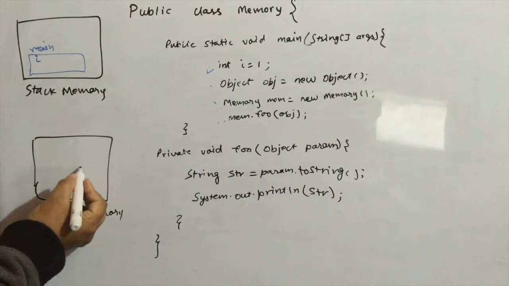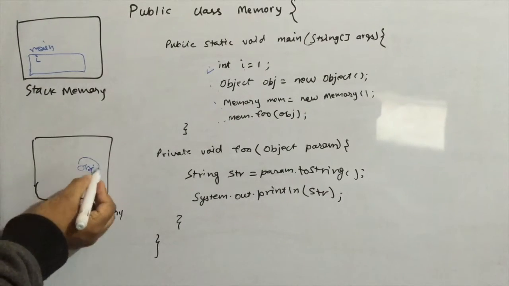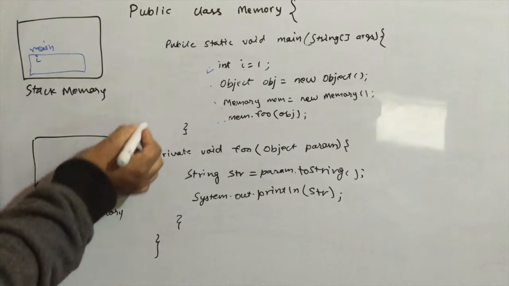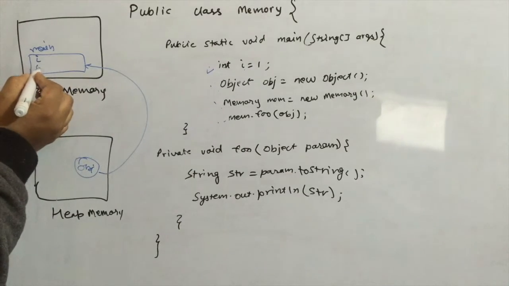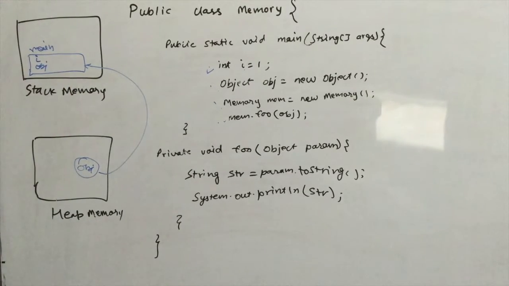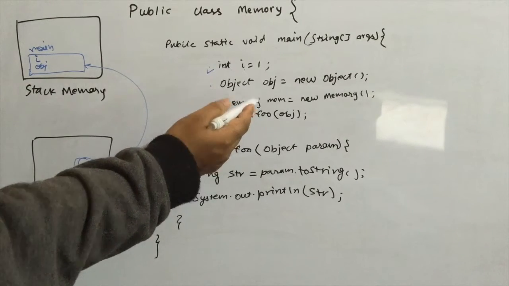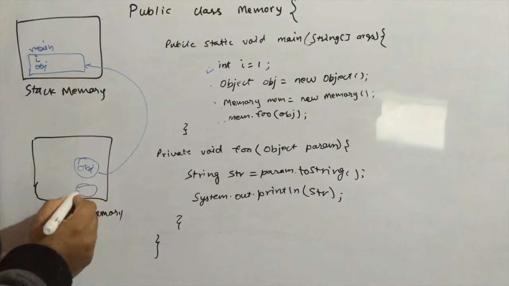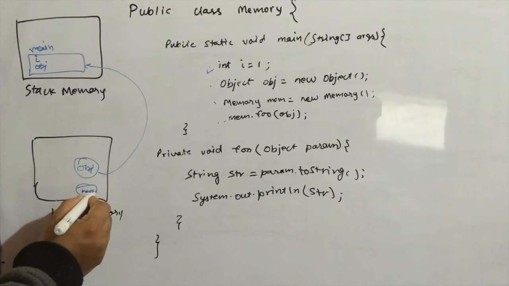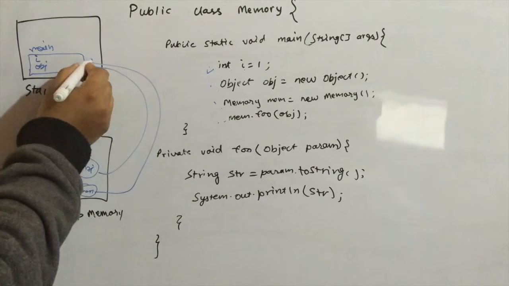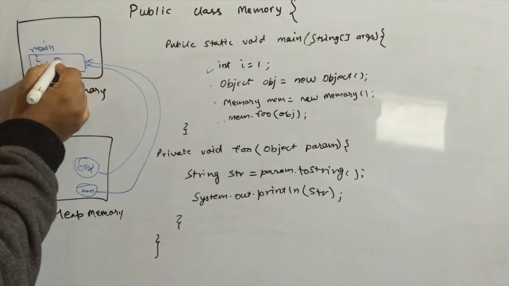When an object is created, it is created in the heap memory, but the reference for the object would be in the stack memory. Similarly, the Memory object is created in heap memory, with its reference in the stack memory as well.